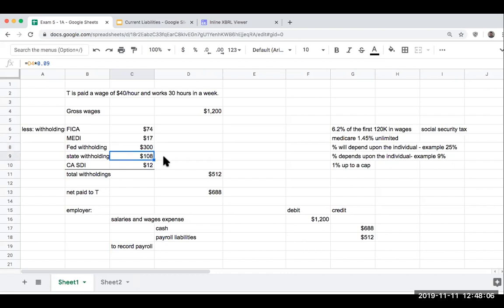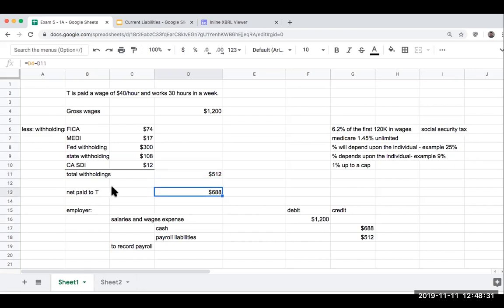Same as over here with your state withholding. Again, I'm using rates here of 25% and 9%. And then you have California state disability insurance. So although I made $1,200, $512 was withheld by my employer relating to this. So as an employee, I'm getting $688.